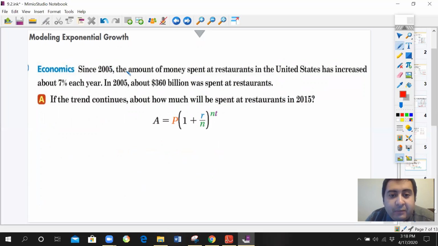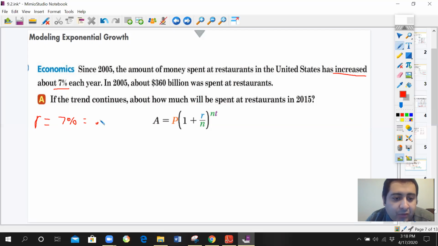Since 2005, the amount of money spent at restaurants in the United States has increased about 7%. So that 7% is basically your rate. So R is going to be 7%. If we convert this into a decimal, we move 2 decimal places back because we're dividing by 100.